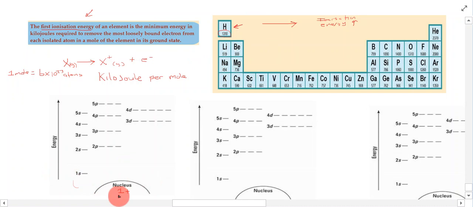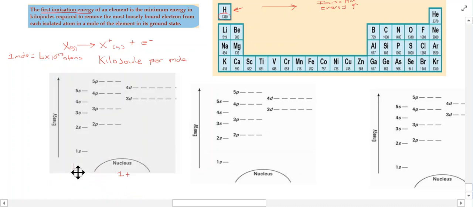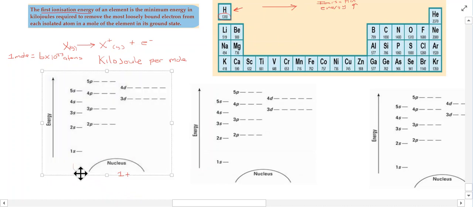Now it makes sense as well, because if you think about it, as you move across a period, from here to here, the amount of positive charge within the nucleus is increasing.